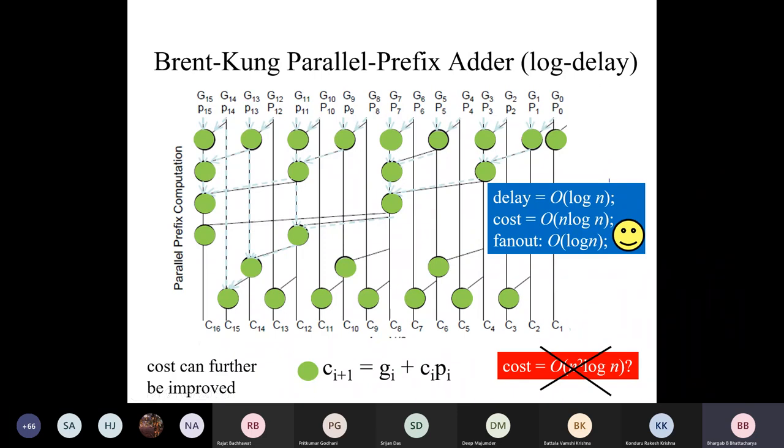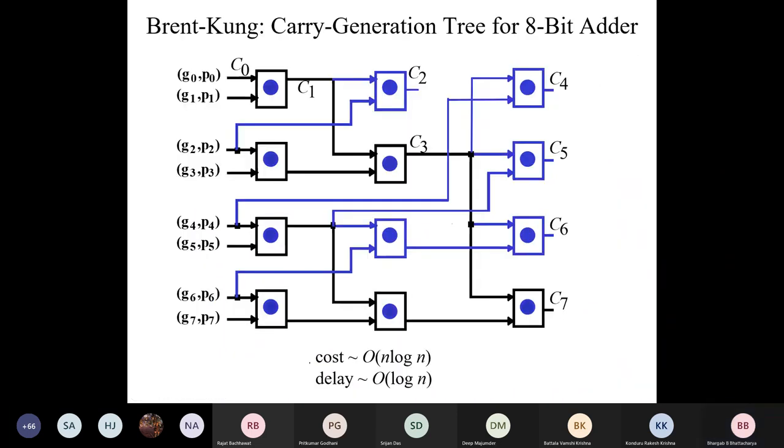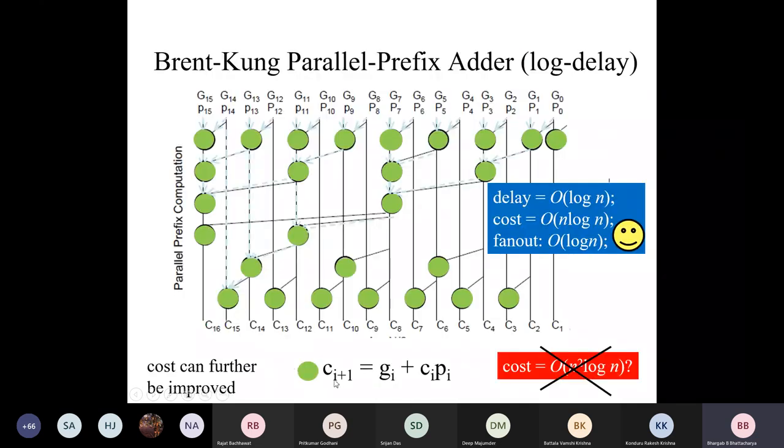That is pretty complicated. So this is a full example: if I have an 8-bit adder, I need to generate C0 to C7, all these carries. This is the carry generation logic, Ci+1 equal to Gi plus Cip.